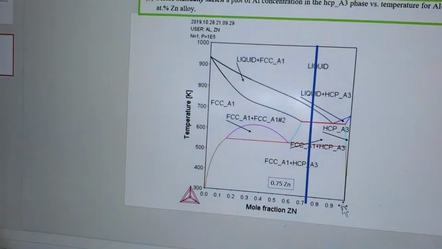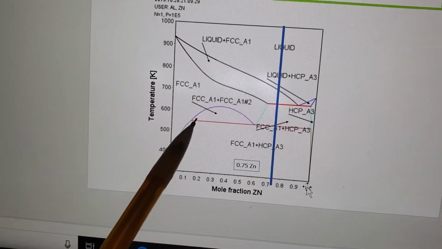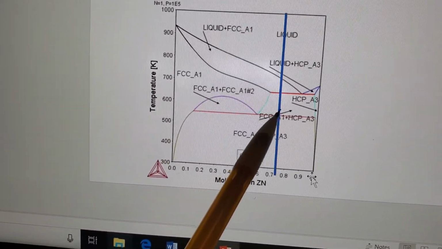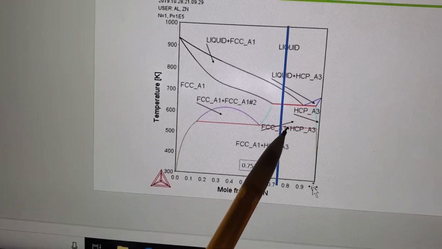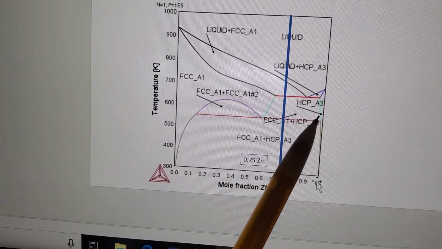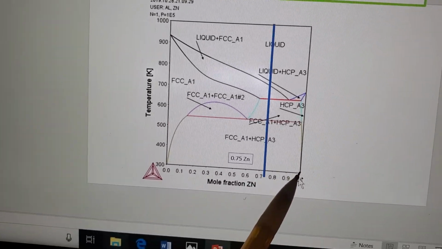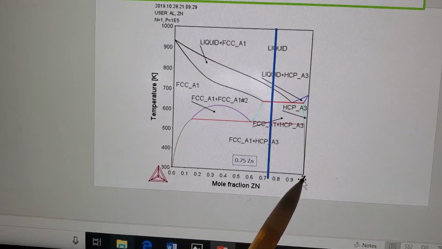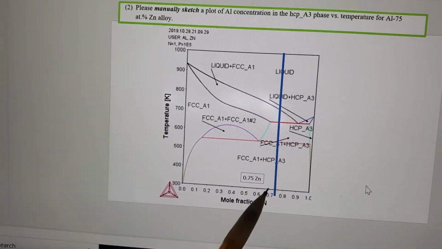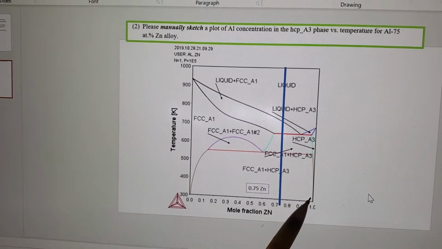So now we're going to look at the next progression of a horizontal line, which is here at 550. So at this point, when you look to the right to see the concentration of HCP-A3, when you drop down, the mole fraction of zinc is a little bit less than 1, still close to it, so I would just say it's about 0.98.